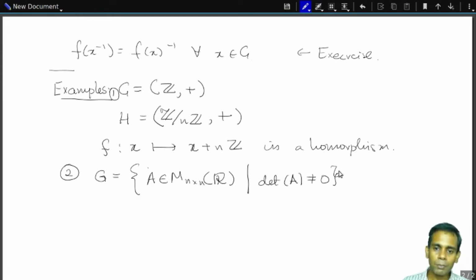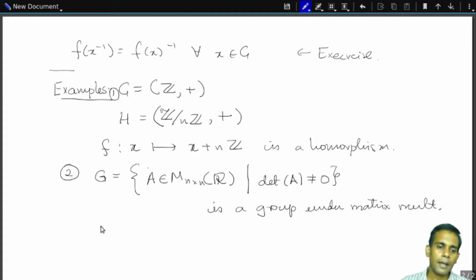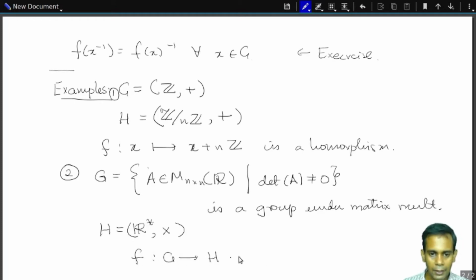So this forms a group under matrix multiplication. And you take H to be the group of non-zero real numbers under multiplication. Then f from G to H defined by f of A equals determinant of A is a homomorphism of groups.